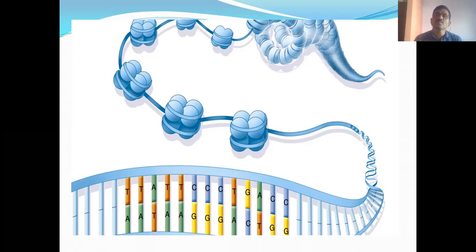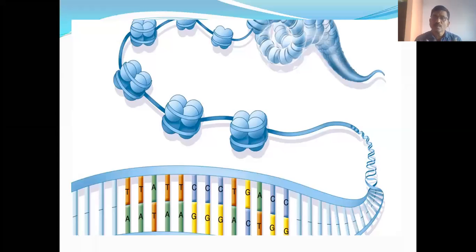There is a role of this chromatin, and chromatin is mostly present in two forms, the euchromatin and the heterochromatin. Euchromatin is the loose or less compact type of chromatin, and is mostly involved in the transcription process. But heterochromatin is the condensed, compact type of chromatin, which also stains deeply.